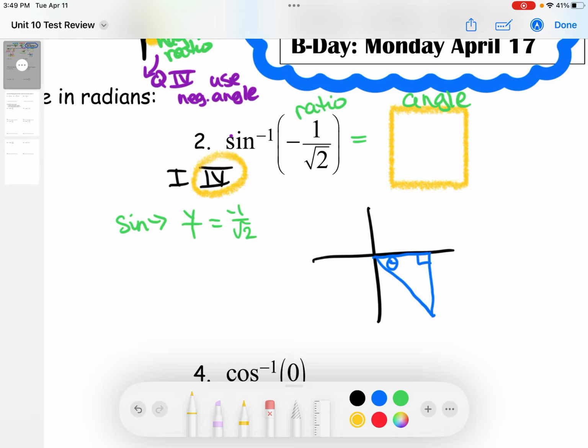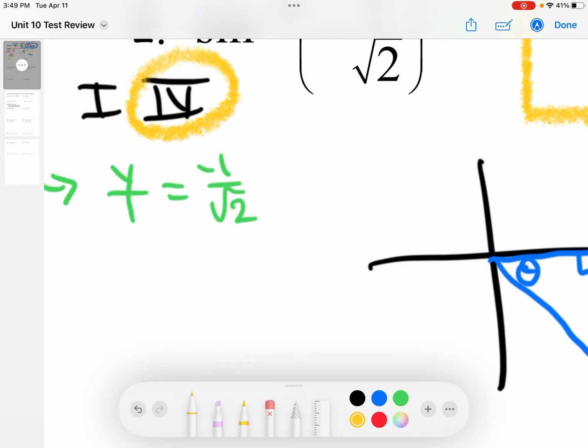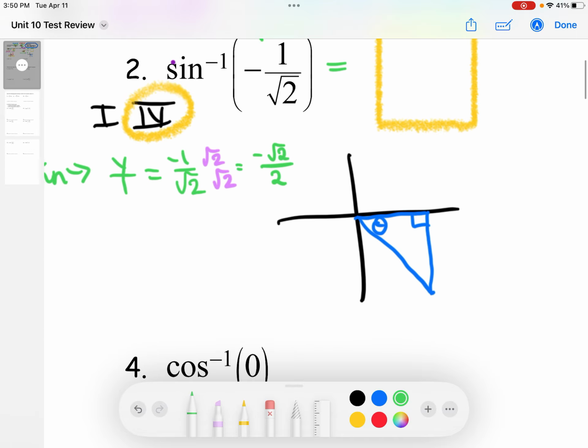We don't leave that square root 2 in a denominator, so we will multiply by root 2 over root 2, and that will give us negative square root 2 over 2. That's a very familiar number for a side of a triangle. That y is negative root 2 over 2. That means x is root 2 over 2, and that hypotenuse is 1.